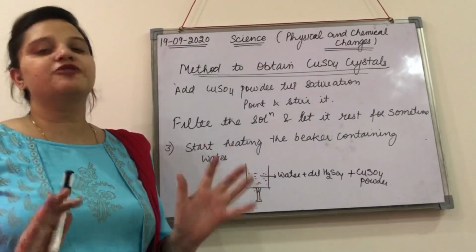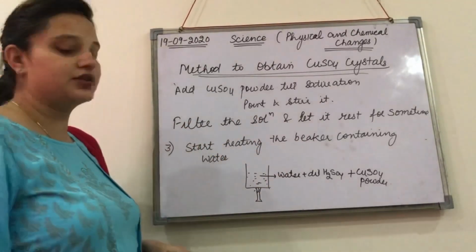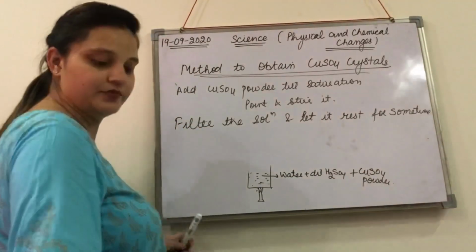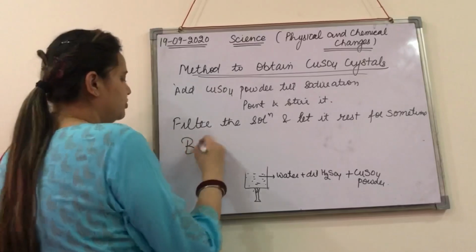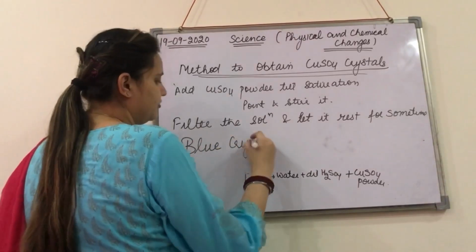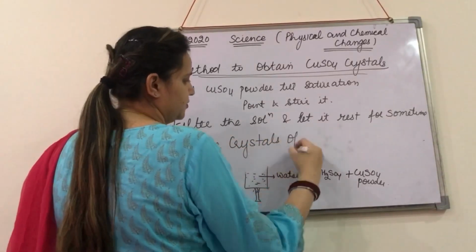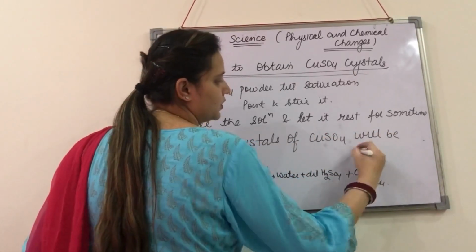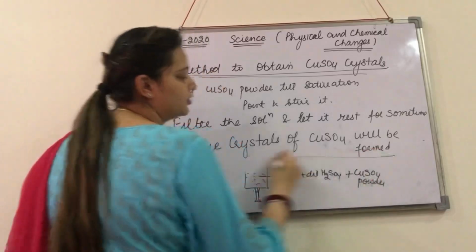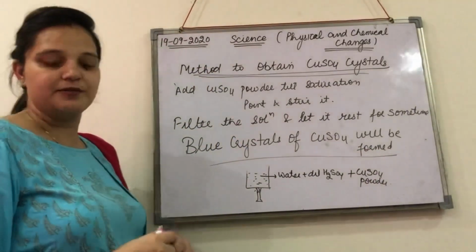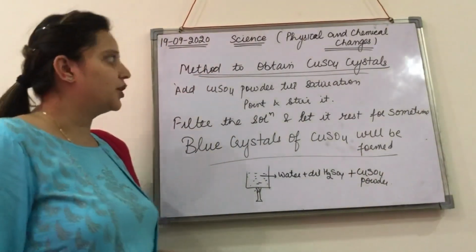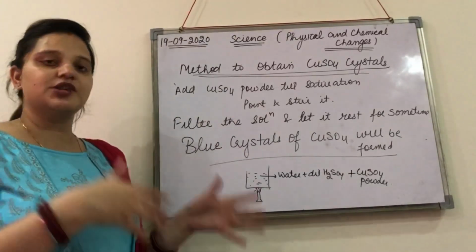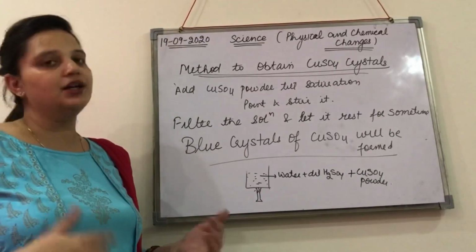After sufficient cooling you will see the blue crystals of copper sulfate formed. So this is how we bring about the crystallization process. Okay, so I hope the chapter on physical and chemical changes, and how they are occurring, is clear to you.